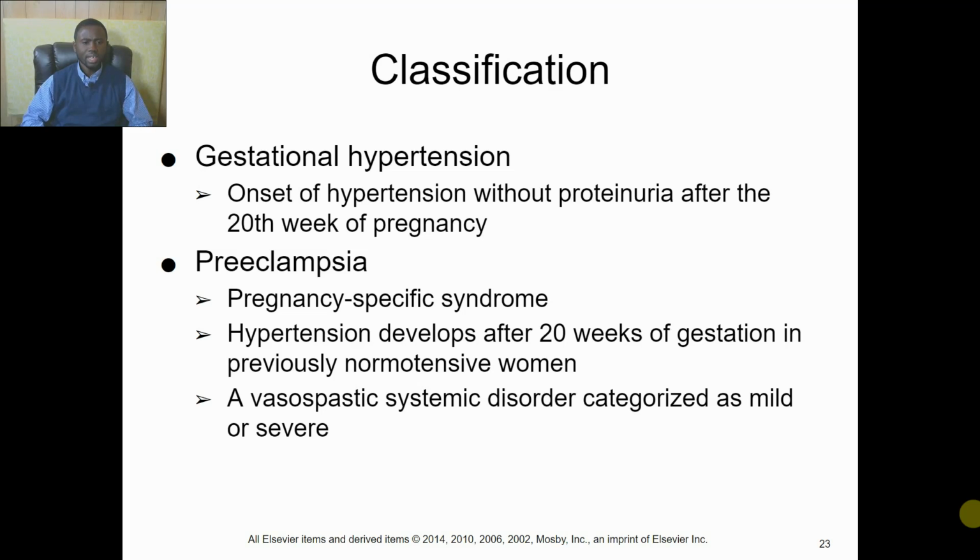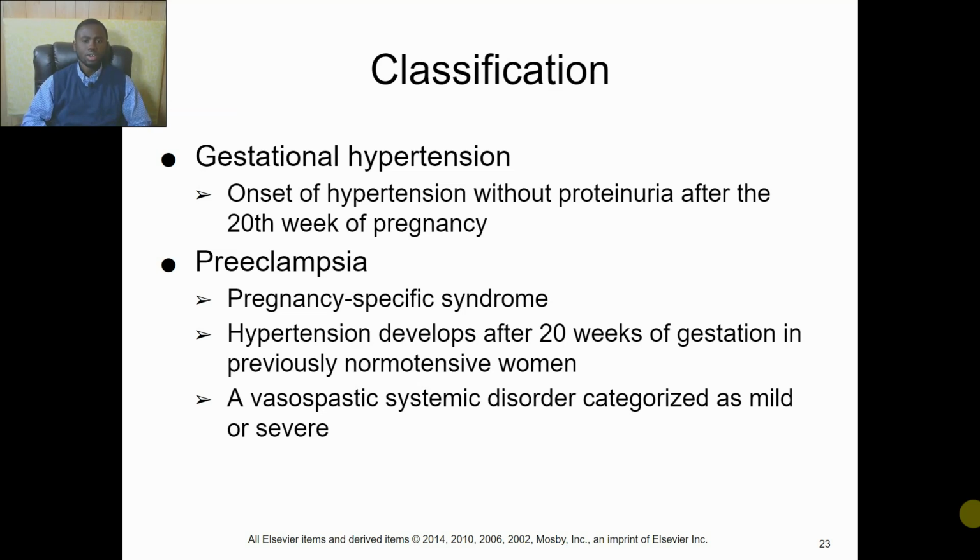There are three classes of preeclampsia, also known as gestational hypertension. We have mild preeclampsia, and with mild preeclampsia, blood pressure is normally greater than or equal to 140/90, and you should obtain this at 2 different times to make sure that you are getting a good reading to base your diagnosis on.